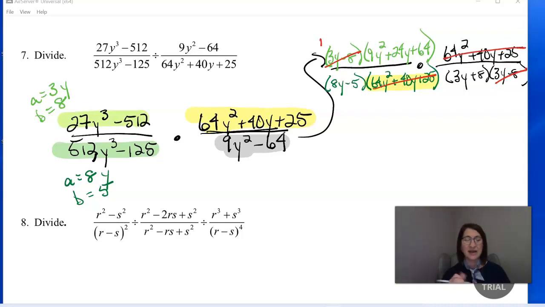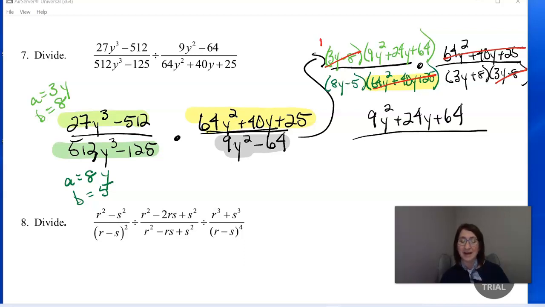So now I can multiply everything across, keeping it in factored form. That's going to give me in the numerator 9y squared plus 24y plus 64. In the denominator, I have 8y minus 5 and 3y plus 8. There we go. That one is done.